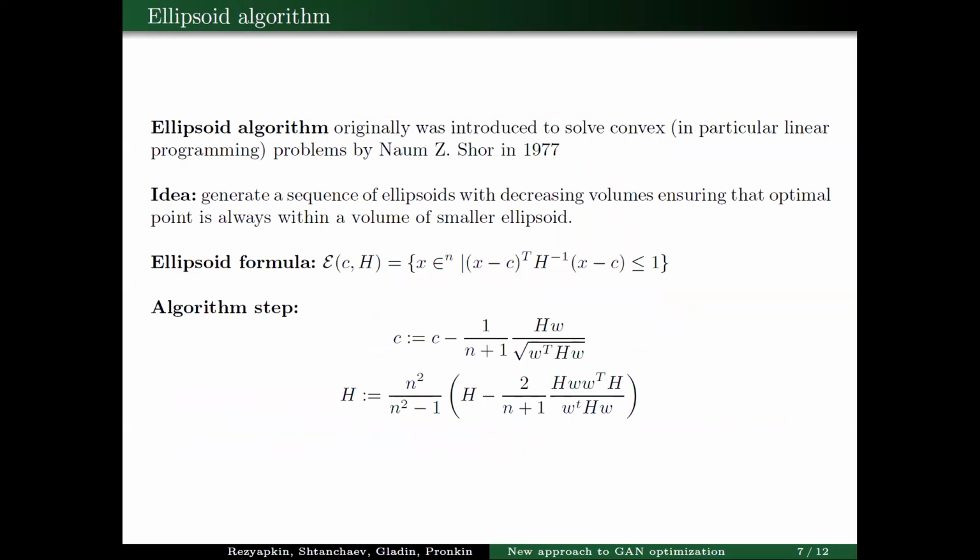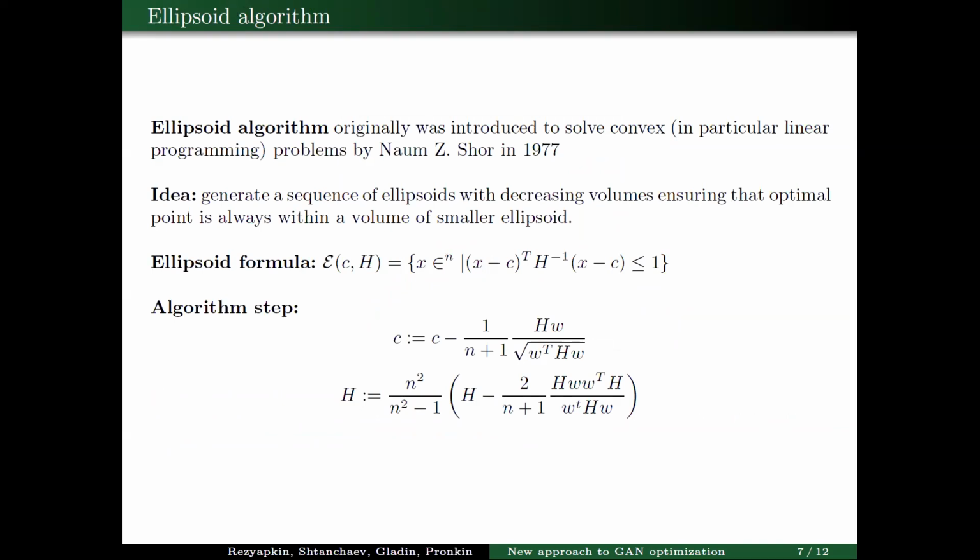Another algorithm we considered is ellipsoid method. The idea of the method is to generate a sequence of ellipsoids that will have decreasing volumes, and the optimal point should be always inside the ellipsoid that is considered.